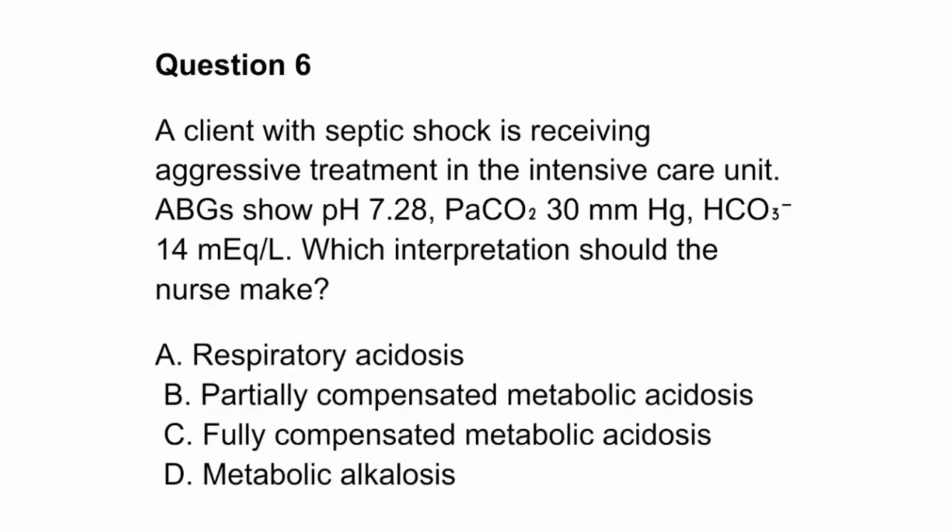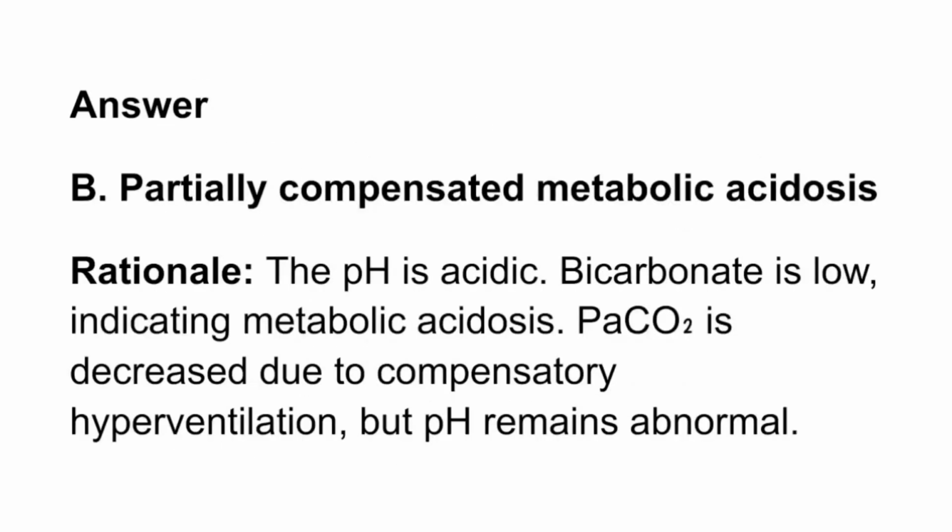C. Fully compensated metabolic acidosis. D. Metabolic alkalosis. Answer. B. Partially compensated metabolic acidosis. Rationale. The pH is acidic. Bicarbonate is low, indicating metabolic acidosis. PaCO2 is decreased due to compensatory hyperventilation, but pH remains abnormal.